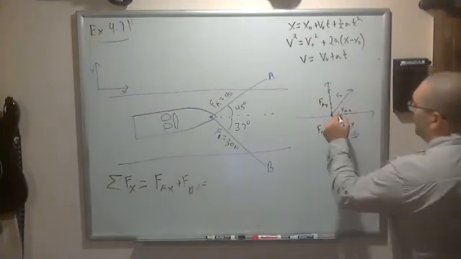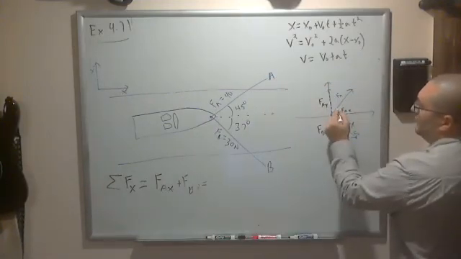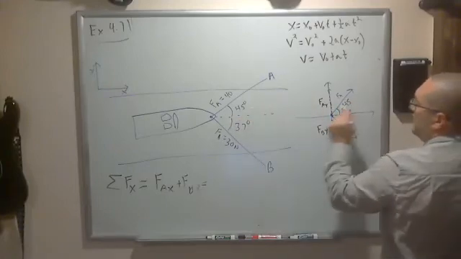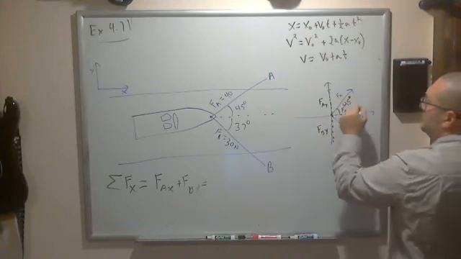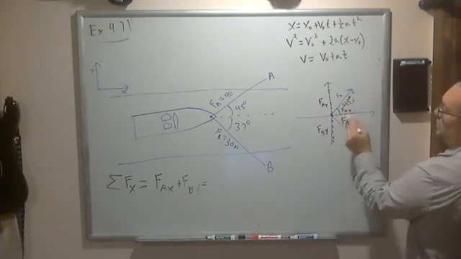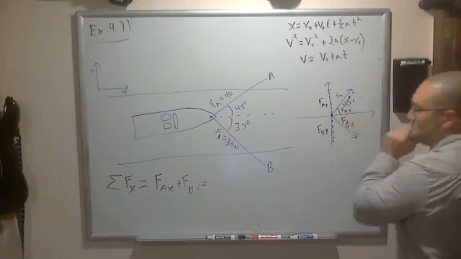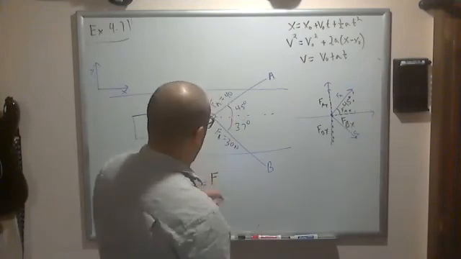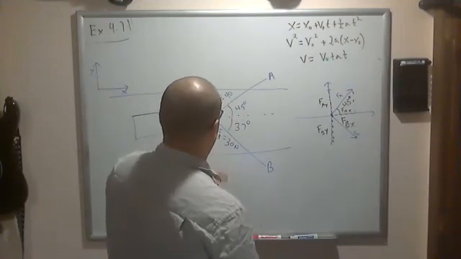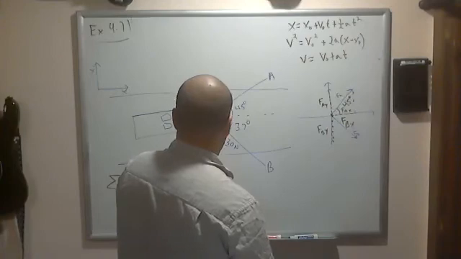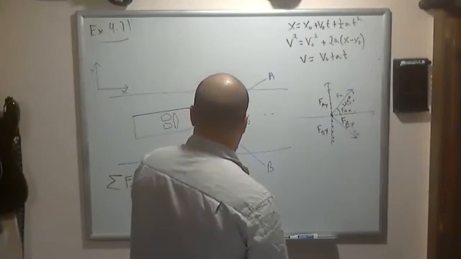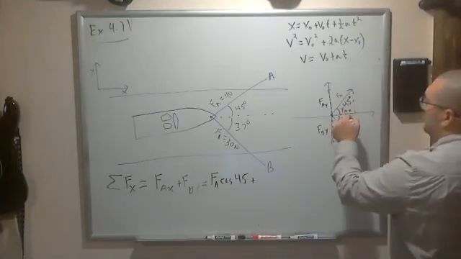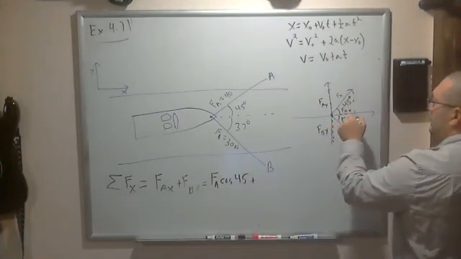So we're given this angle. So now let's relate the angles, right? This is 45 degrees to this line. So that means that's 45 degrees. So for x, we use cosine 45, right over here. So this is just the total force, FA, times cosine 45. Right. And then over here, we're given this angle, which is 37 degrees.